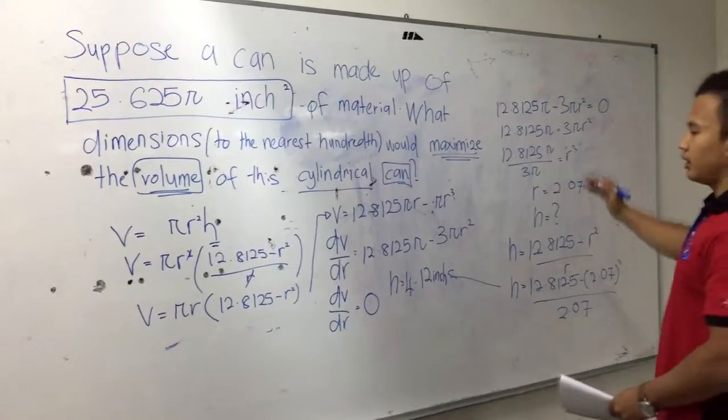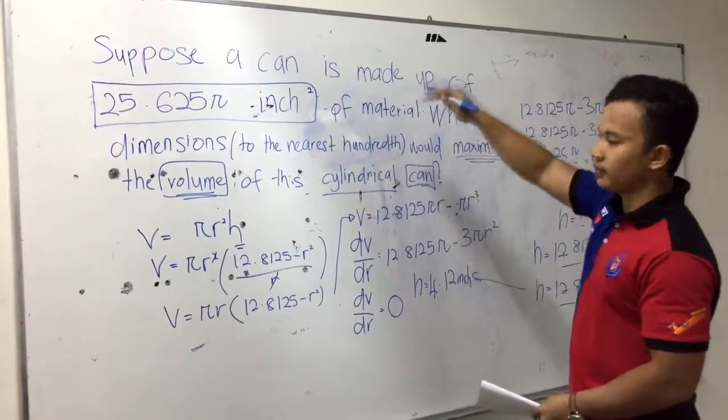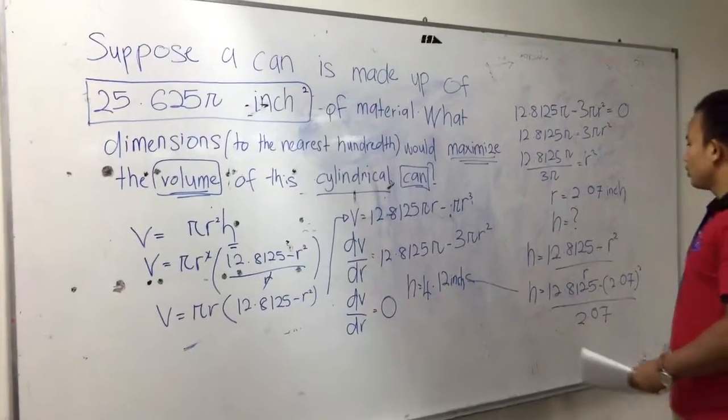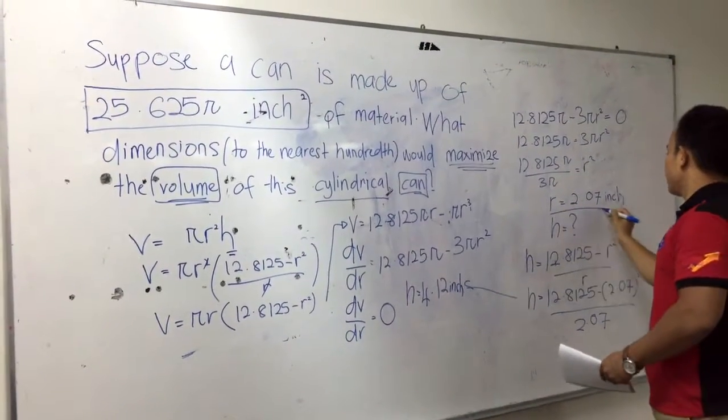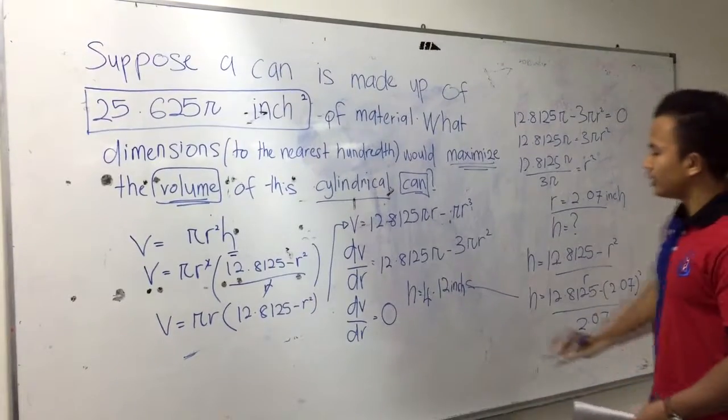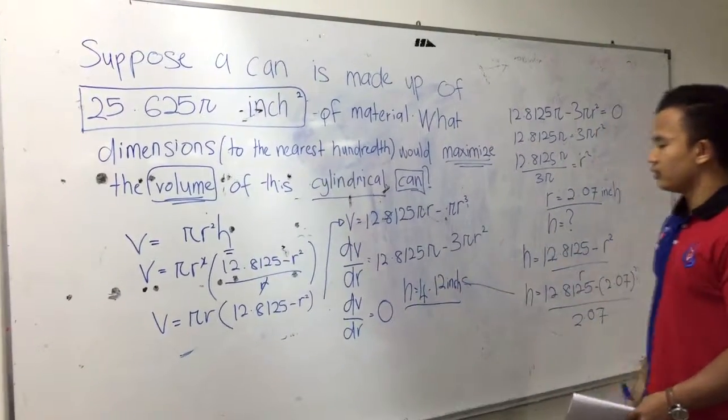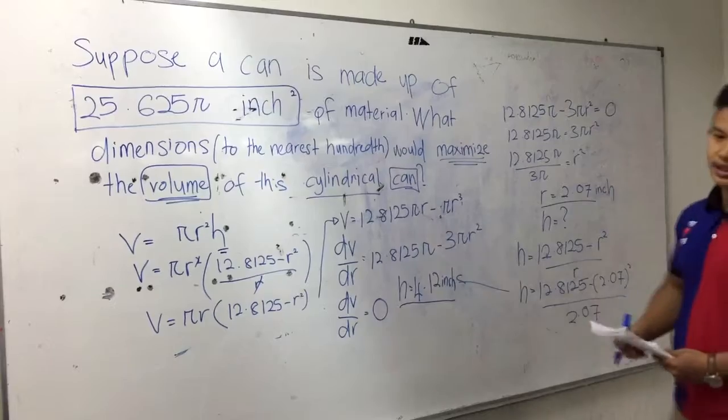So from the first step until this step, we get r is 2.07 inch and h is 4.12 inch. So that's all, Naim.